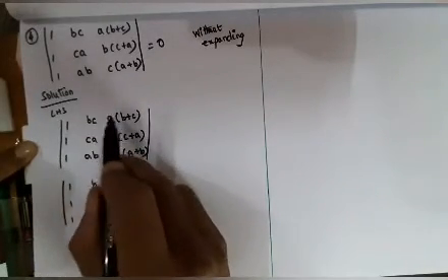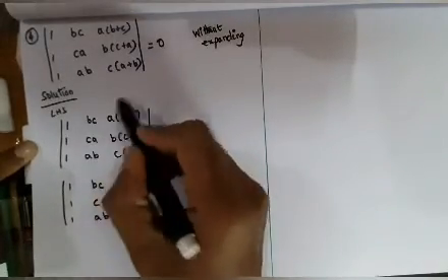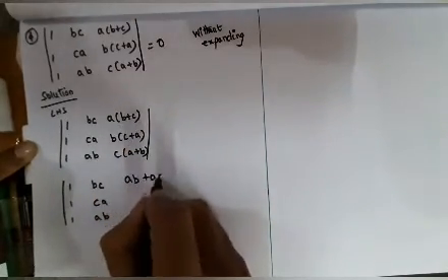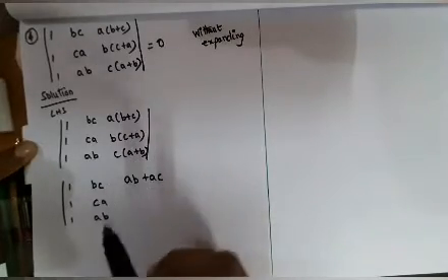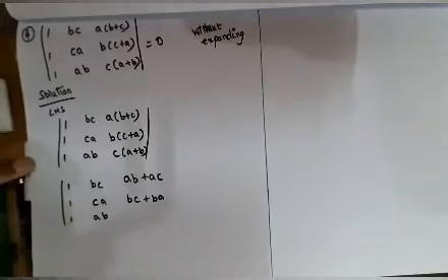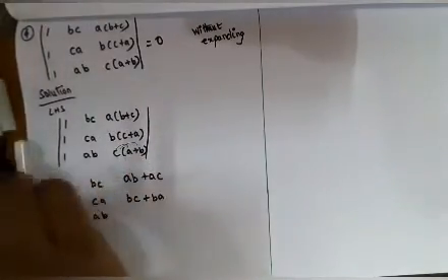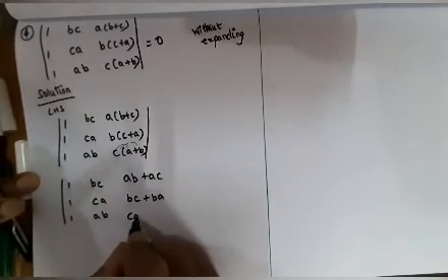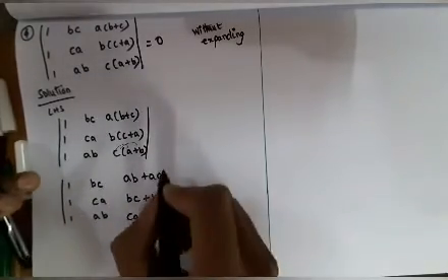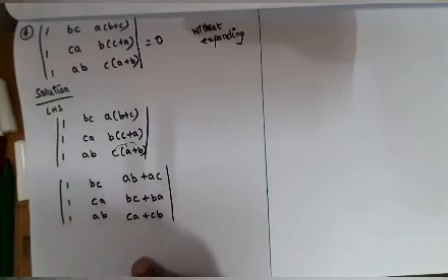Then I am going to multiply. A is the common term: AB plus AC. BC plus BA. Then CA plus CB, because C is multiplied by two things.